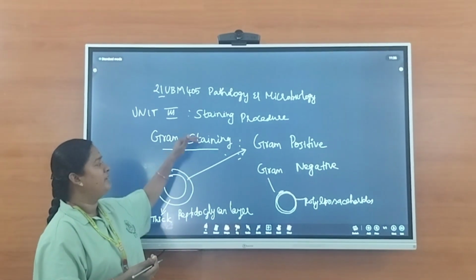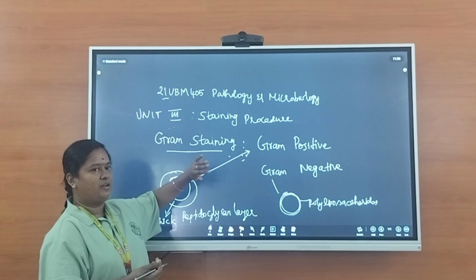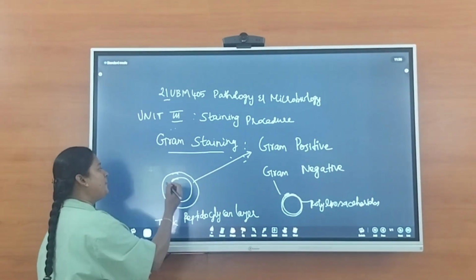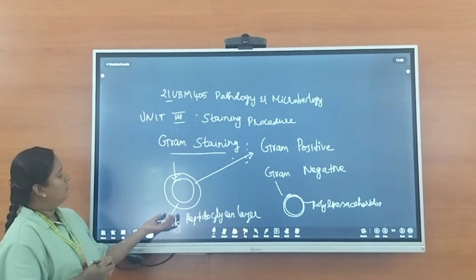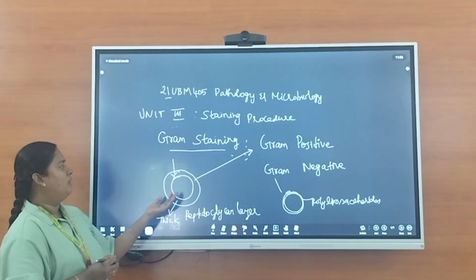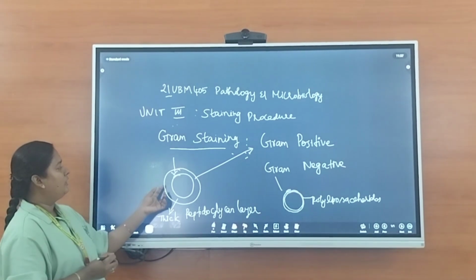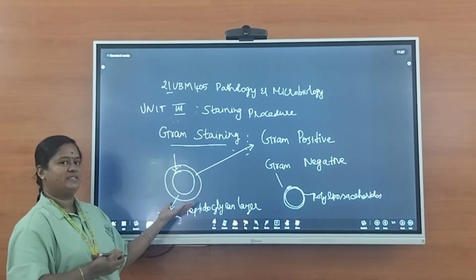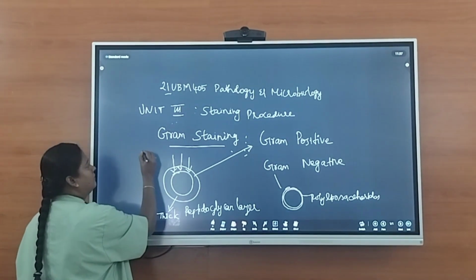Based on that, how do we identify whether it is gram positive or negative with the help of the staining procedure? That we are going to discuss now. For example, if we apply a stain such as crystal violet on a thick peptidoglycan layer bacteria, it absorbs all the crystal violet.